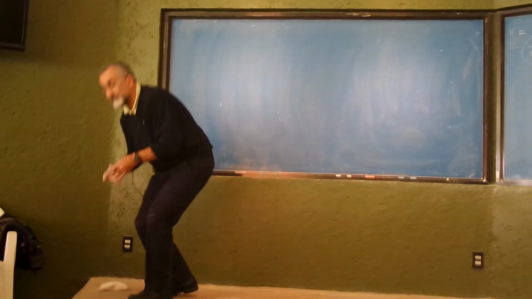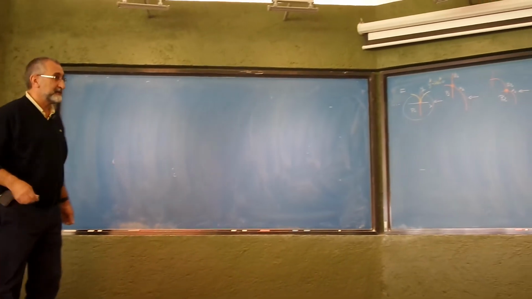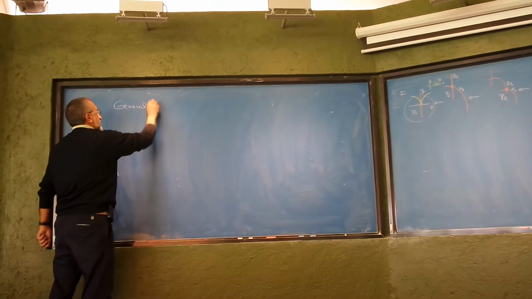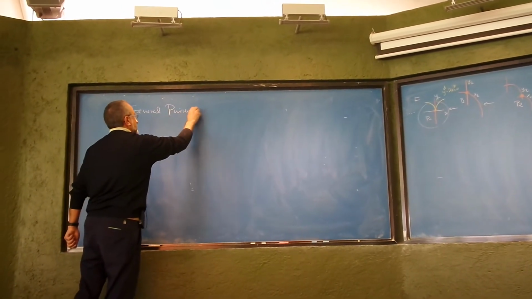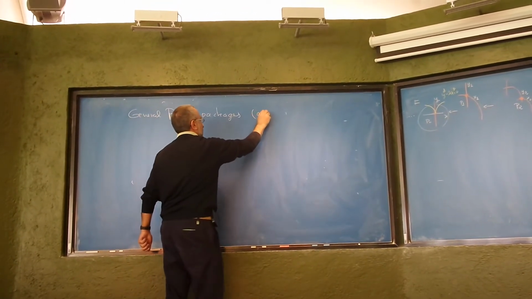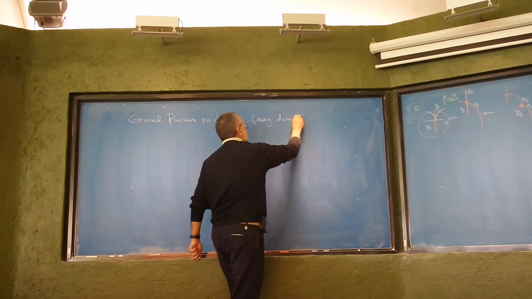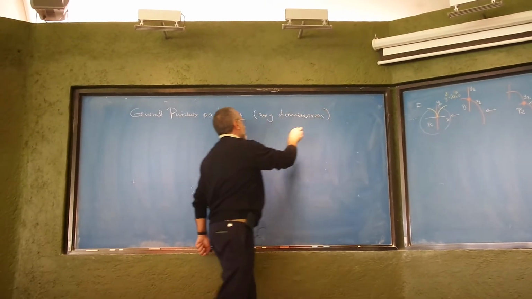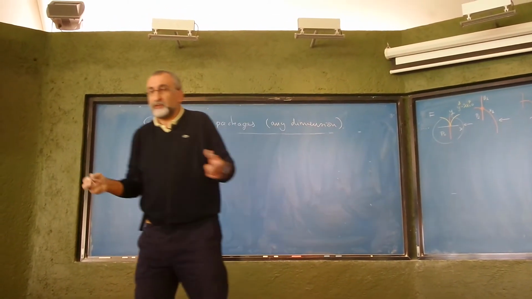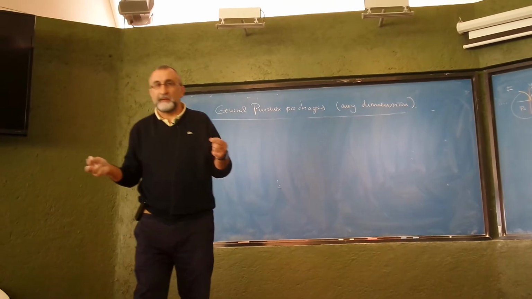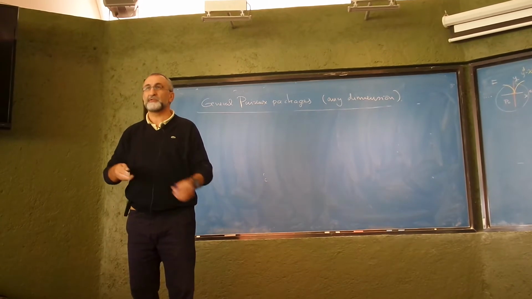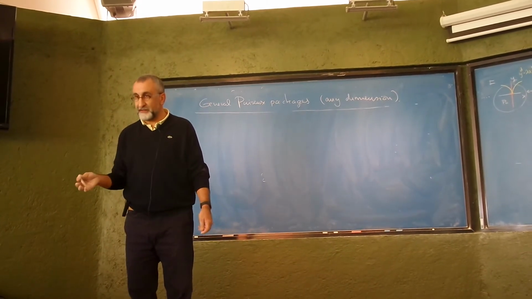Few words about the general Puiseux's packages. So now we assume we have a valuation. This valuation may be, for instance, the valuation associated to a non-oscillating trajectory of a vector field.